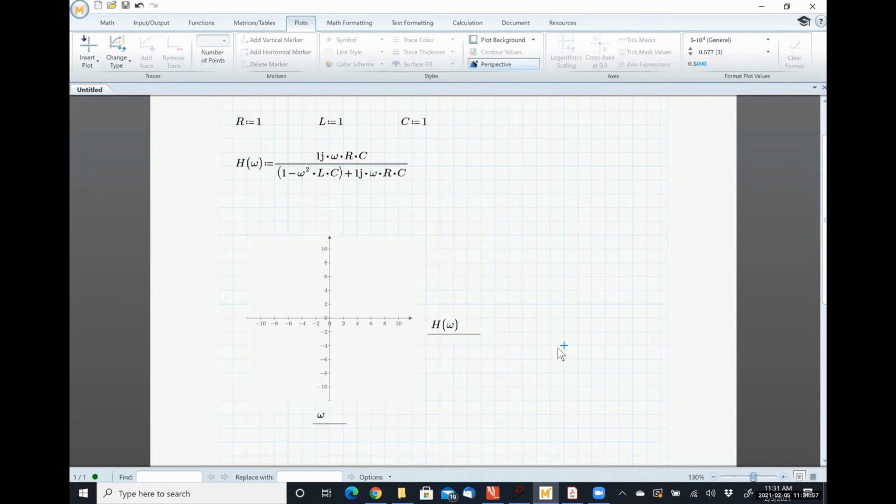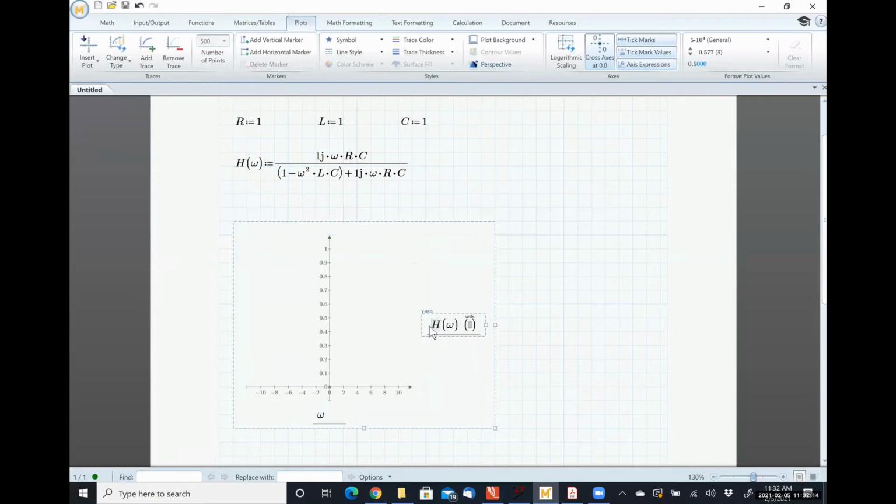And it's giving me nothing. The reason it's giving me nothing is because it doesn't like the fact that there's an imaginary number in there. To plot it, I need to put an absolute value around it. Now I get something, okay?